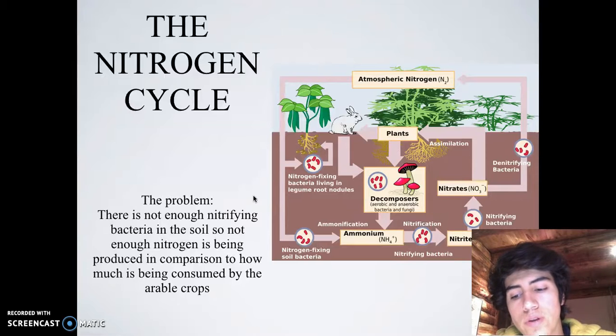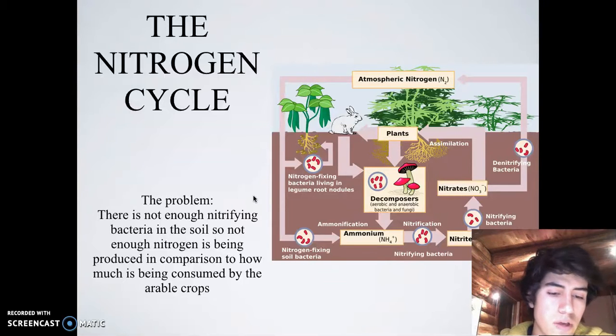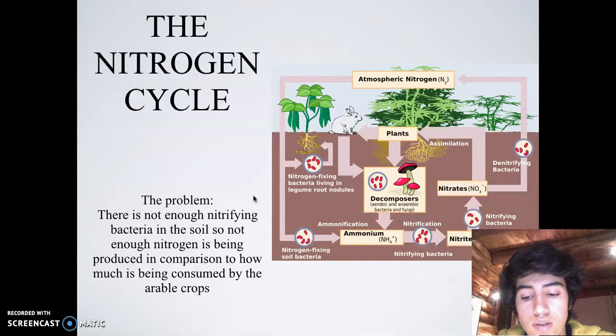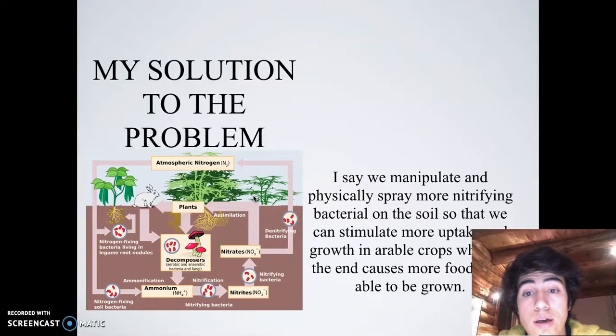So the nitrogen that's in the soil, that isn't made by humans, is not enough for those crops. So I suggest that we physically spray more nitrogen bacteria on the soil so that we can stimulate more uptake and growth in arable crops, which then causes more food to be able to be grown. And that would solve that problem.